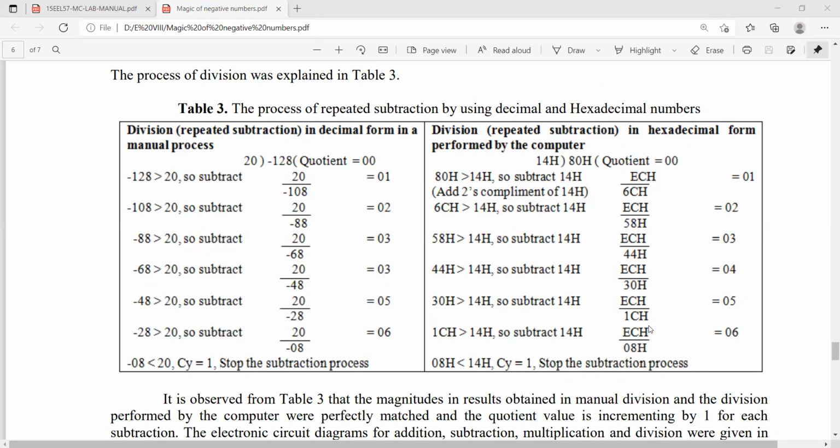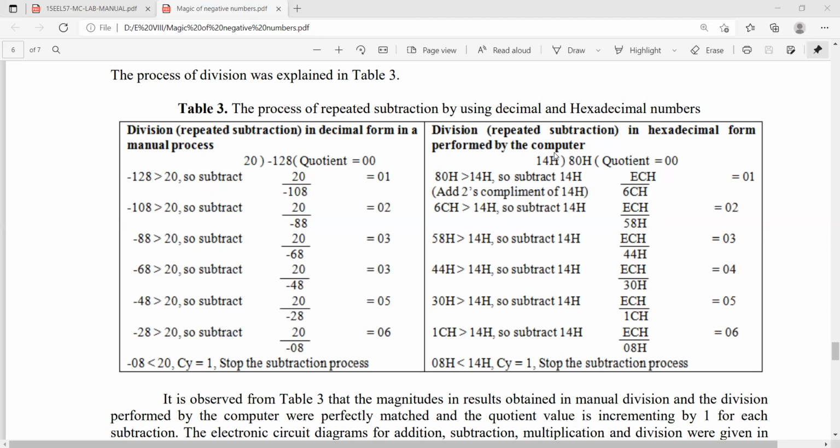For each subtraction you can compare whether the remainder is greater than the divider. Dividend and divider. So each time you compare whether this is greater or equal. If it is greater or equal, then only you can subtract. If it is less, your carry is set to 1.